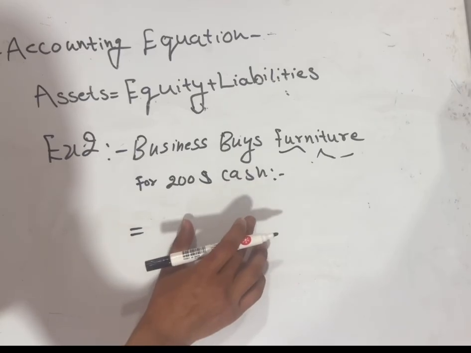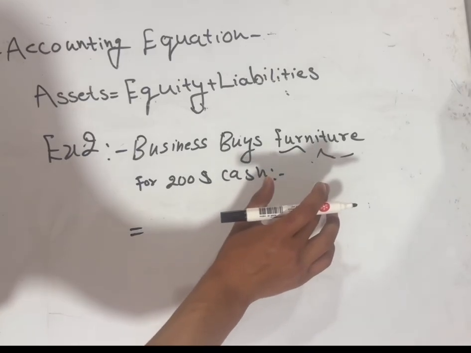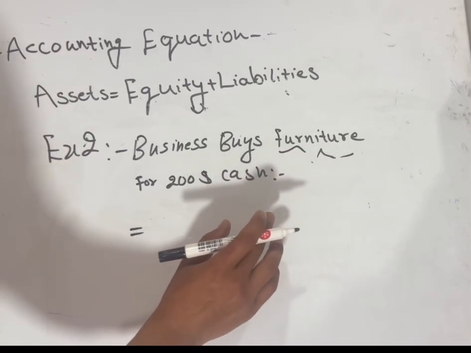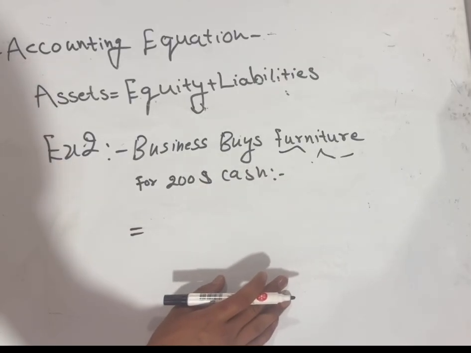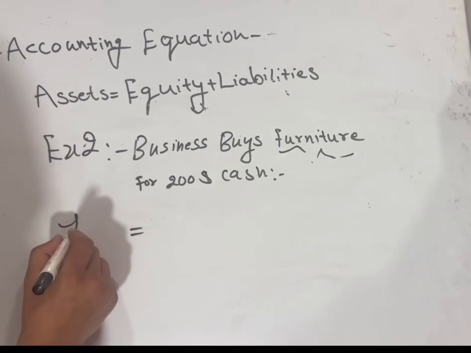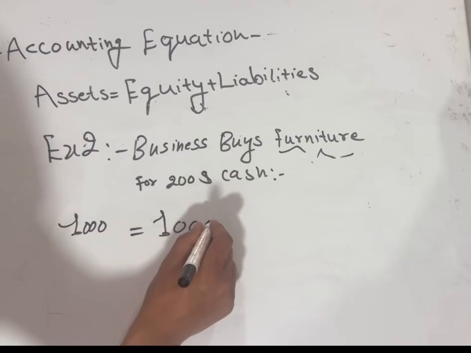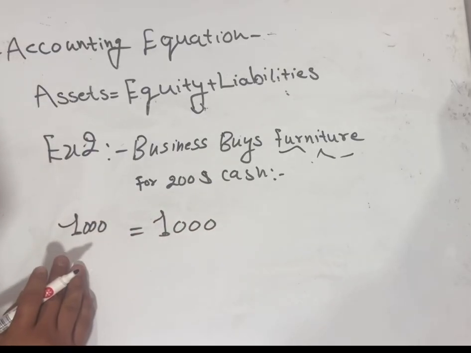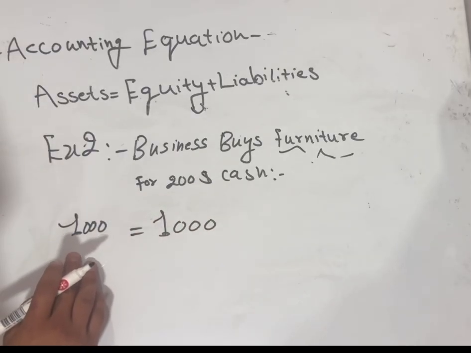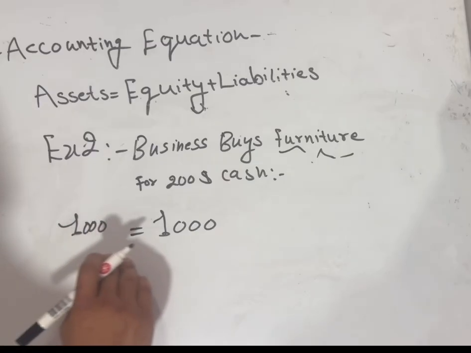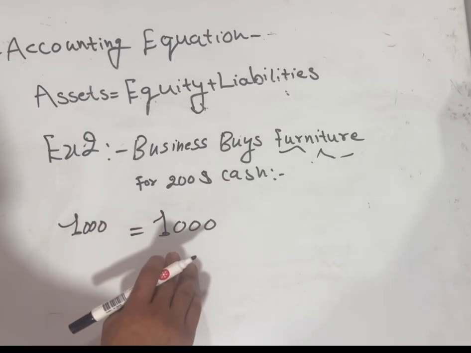So cash is decreased by 200 and furniture is increased by 200. So overall there is no effect on the accounting equation. We will have $1,000 for this side and $1,000 again for this side. Why? Because while cash is an asset that has decreased, on the other side furniture is an asset that has increased. So no overall effect on the accounting equation.